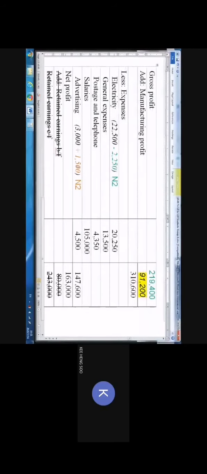If you completed here, now I'm going to show you the statement of financial position. The most important thing is this closing inventory, raw material. The raw material is supposed to be closing inventory 15,000.